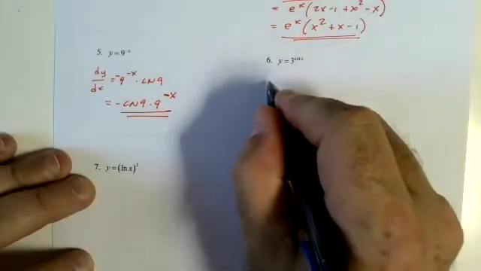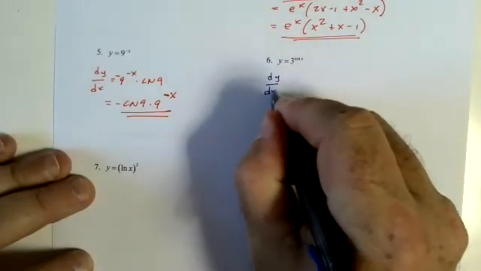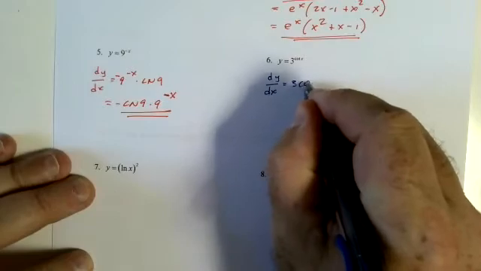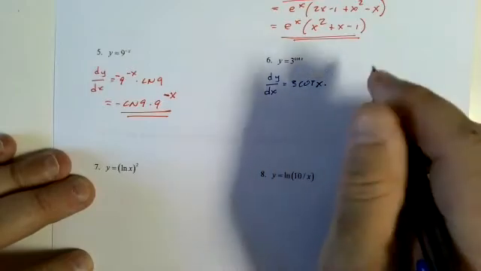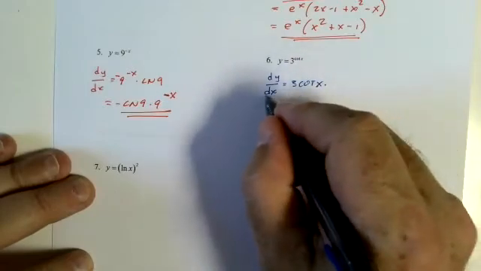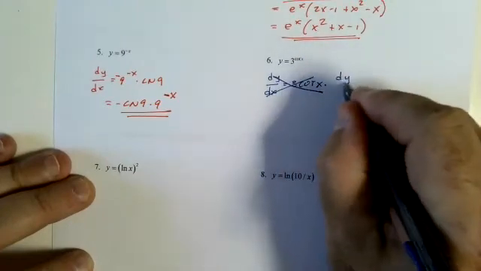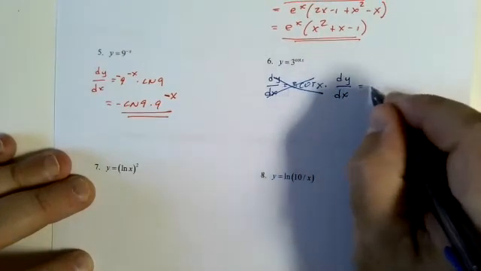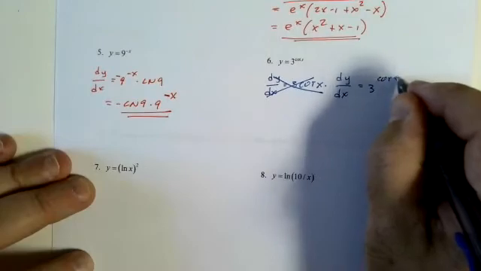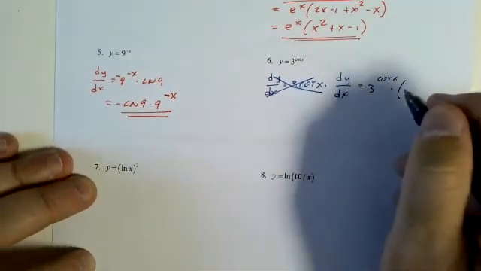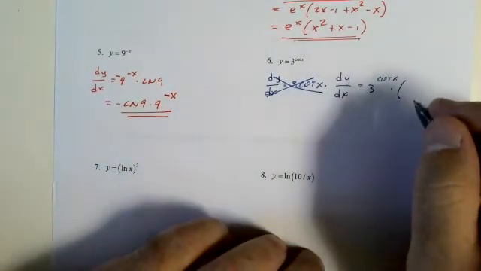3 to the cotangent of x, that's dy dx equals 3 cotangent of x times, that's horrible. Let's just redo that. Dy dx equals 3 to the cotangent of x times, which one are we supposed to do first?